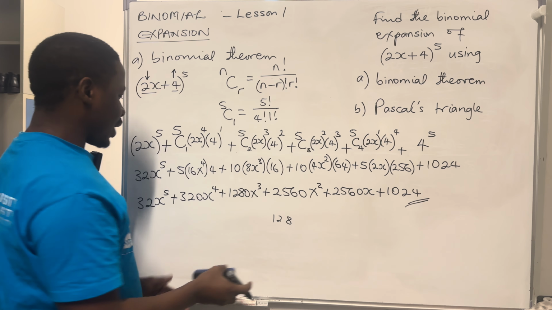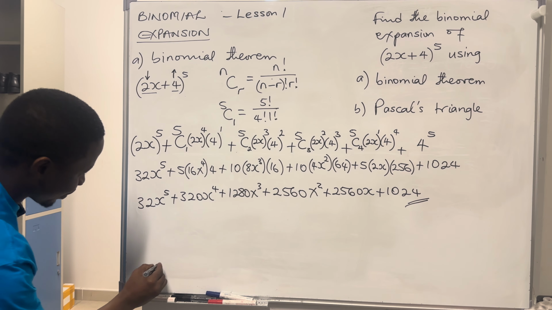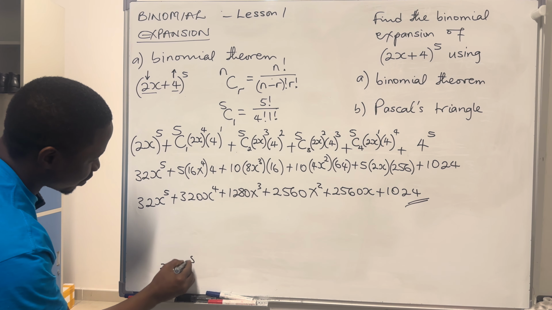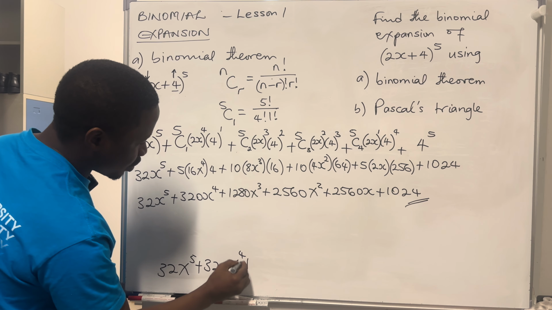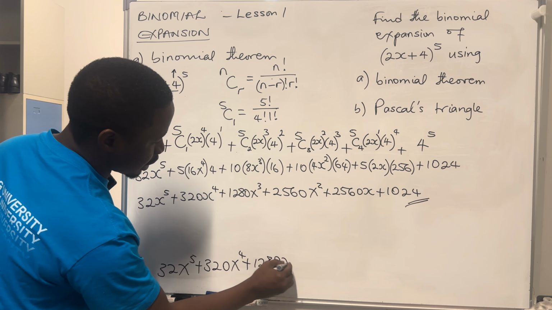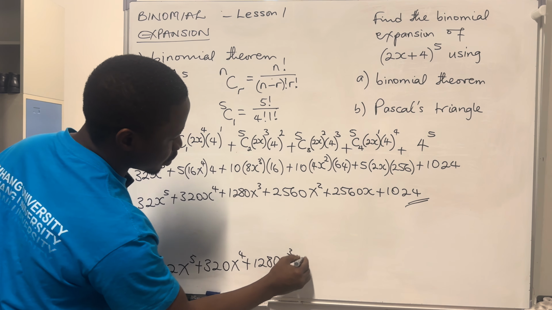Let me write it down here. 32 x to the power 5 plus 320 x to the power 4 plus 1280 x cubed plus 2560 x squared plus 2560 x plus 1024. So now let us solve it using Pascal's triangle.